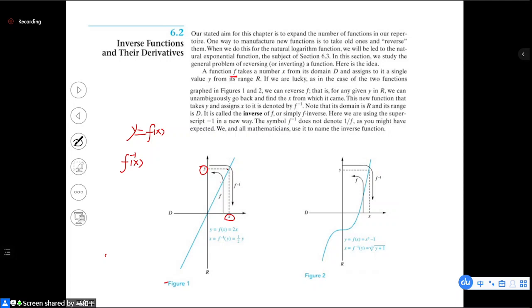Here, D is the domain of function f. We input x, output y. But for this new function f inverse, we input y, output x. This y is in the range R of f. So for the new function f inverse, the domain is R, and its range is D.